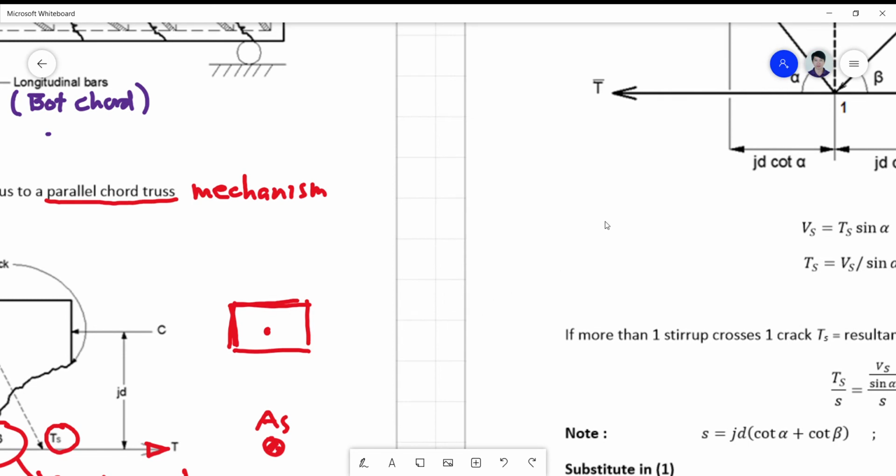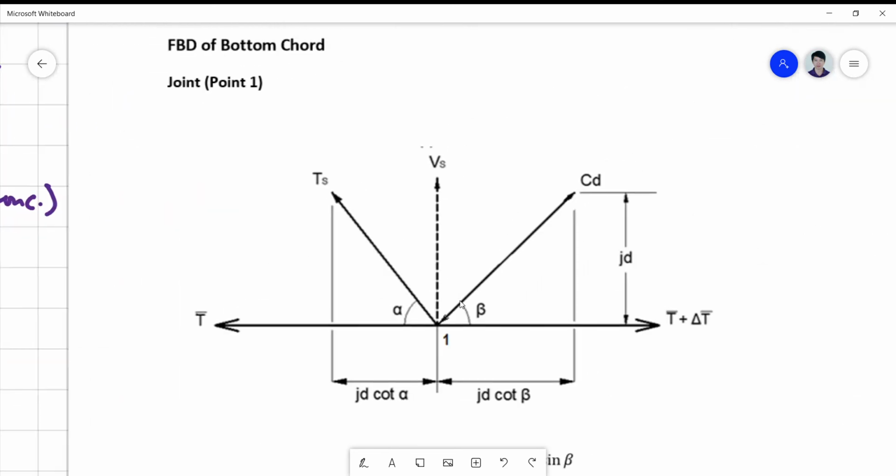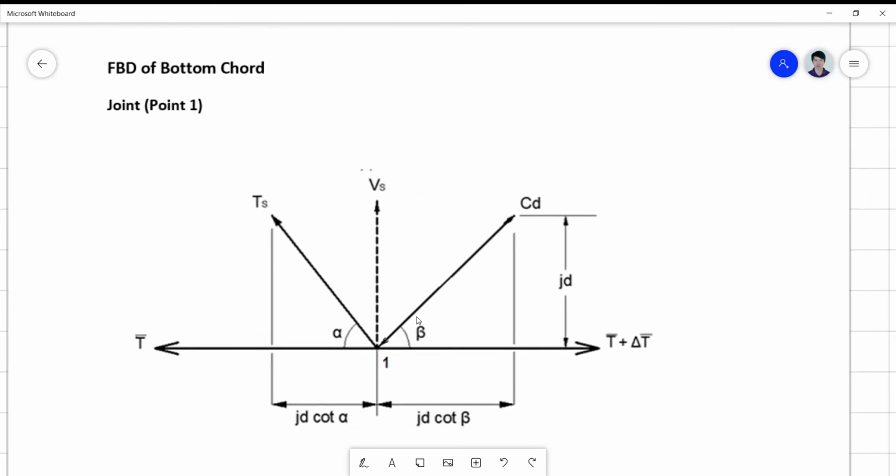So to derive now your formula for the stirrup, we take a free body diagram of the bottom part of joint 1. So this is now your joint 1.